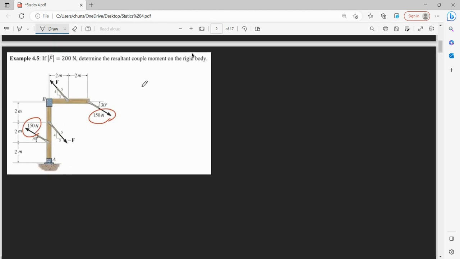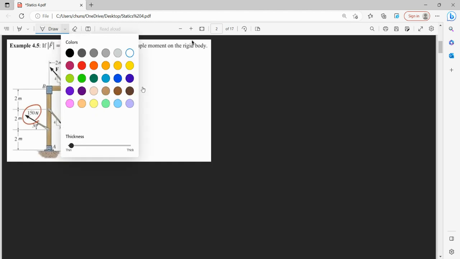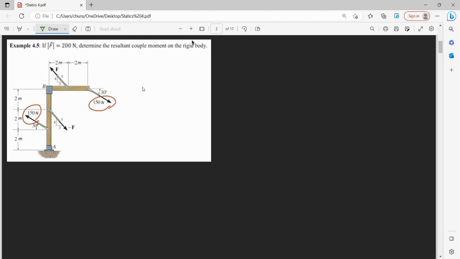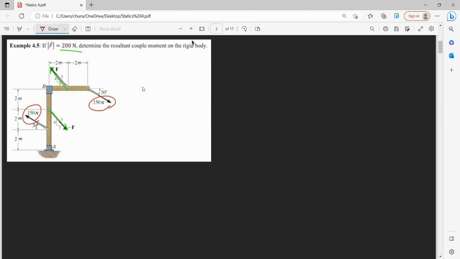All right, so let's take a look at this example here so I can better illustrate what I am talking about. So we're going to match up our vectors. So we have negative force here, positive force here, which is 200 newtons. We have 150 newtons this way and 150 newtons that way, and we want to find resultant couple moments.